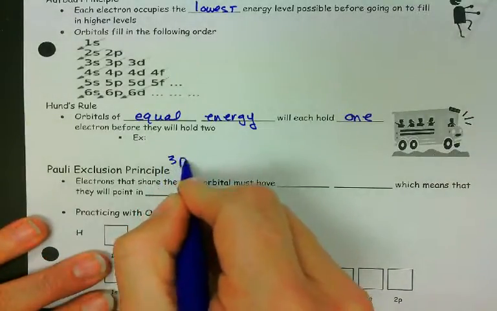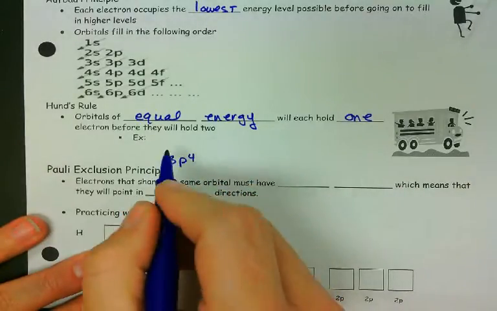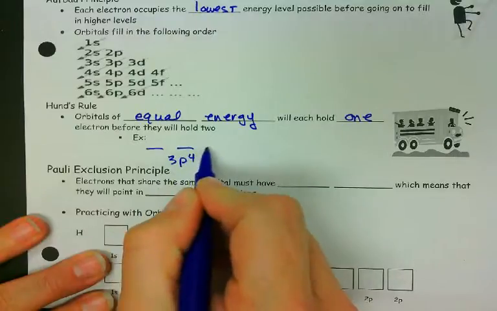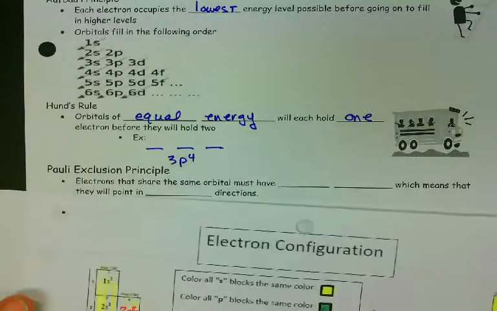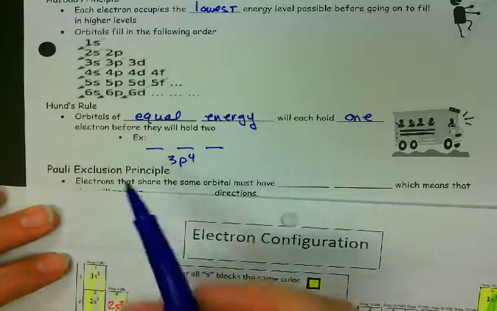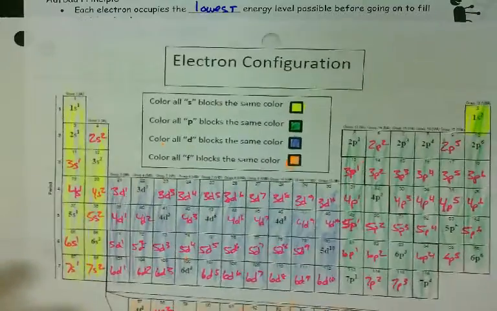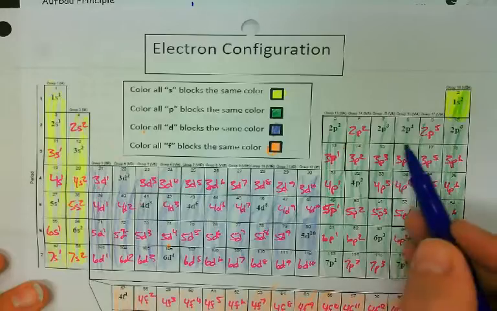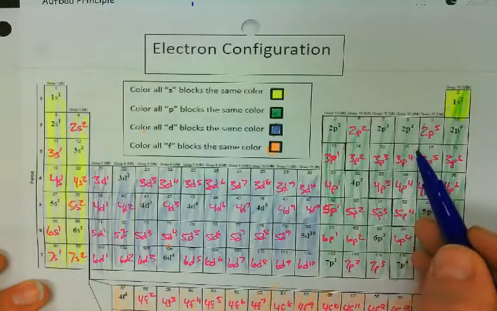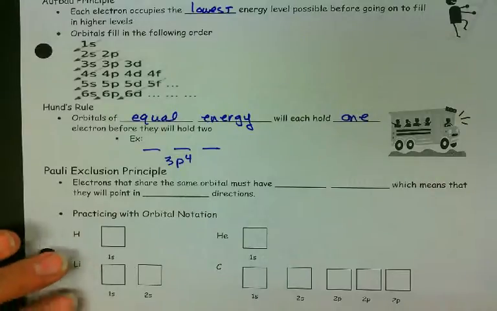So if I give you an example of 3p4, okay, when we talk about figuring out how to write that, you have to kind of give me the roadmap to it. So 3p4 is all the way over here, okay? So when we fill this box in, you can only tell me the amount of electrons that are in it.